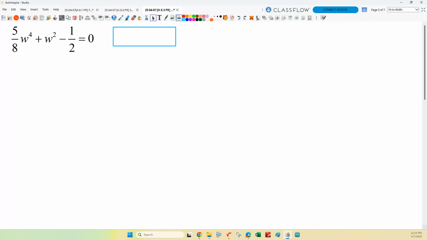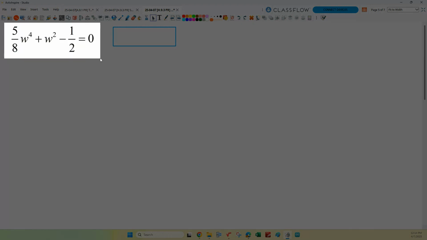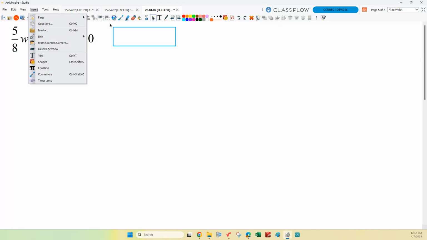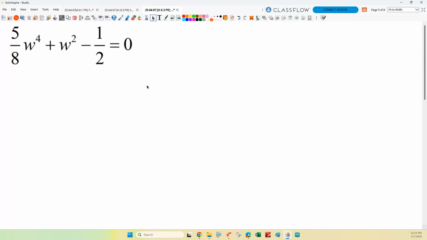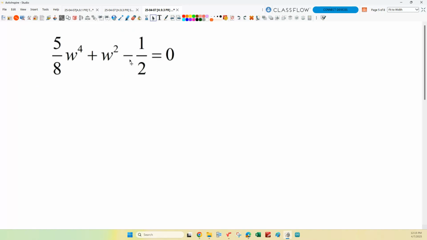The least common multiple of all the denominators. Okay, so if I... good, so we could just multiply an 8 through.